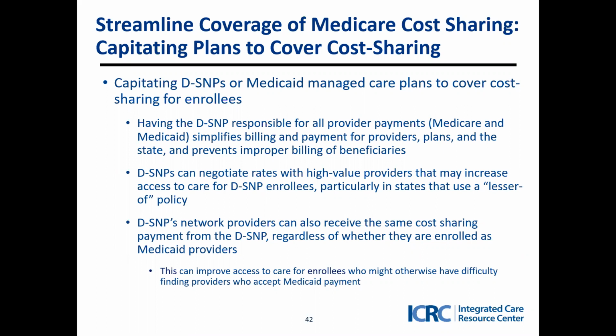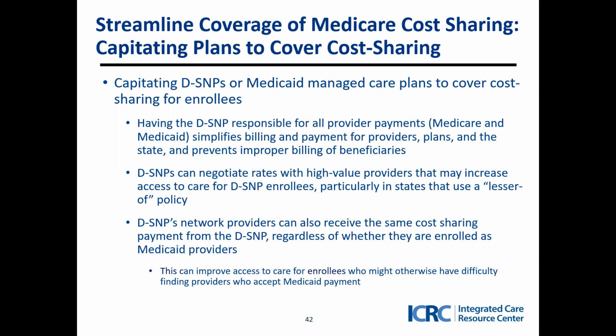Having the DSNP responsible for Medicare and Medicaid payments can help to streamline the payment process for providers and reduce improper billing of beneficiaries caused by the need to separately bill the DSNP for coverage of Medicare benefits and the state or Medicaid MCO for coverage of Medicare cost sharing, and the uncertainty whether the enrollee, the state, or the DSNP is responsible for payment of cost sharing.